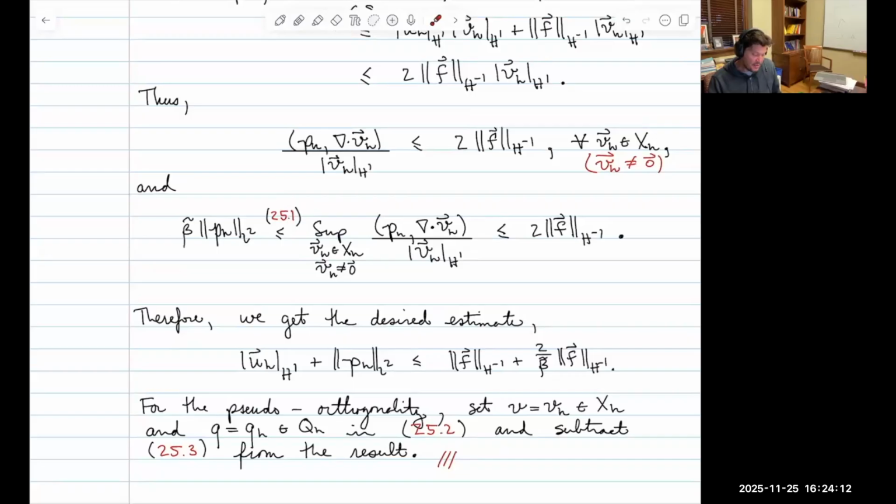Right. So now we're going to use the inf-sup condition. We know that XH and QH form an inf-sup stable pair. So that means, looking back at 25.1, that if I take the supremum of this estimate, so notice this holds for all VH in XH. So it also is going to hold for the supremum, right?